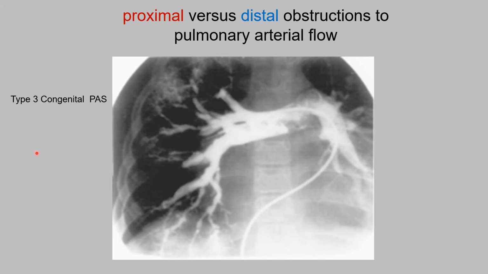So this is a case that I had in Rio de Janeiro. It was a 14-year-old boy that had a type 3 congenital pulmonary arterial stenosis. You can see that the stenosis is very distal, and you can see different phases of the flow.